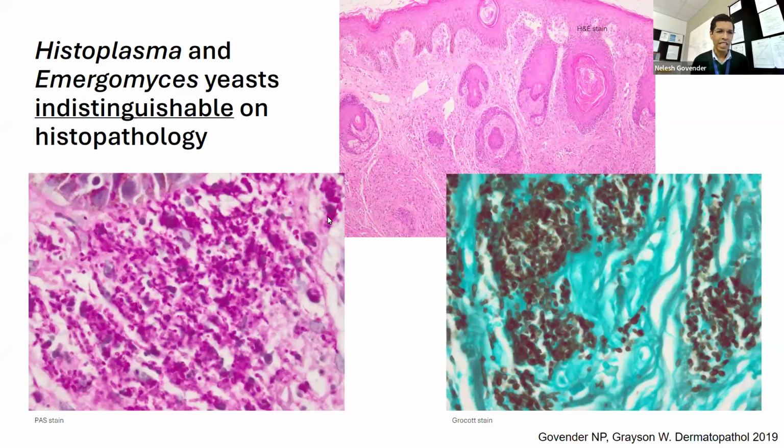The bottom left is the periodic acid Schiff stain, and here the budding yeast appear as this bright magenta pink. It stains the carbohydrate in the cell wall of these fungi, and then you've got the Grocott or the methenamine silver stain at the bottom right, and here the fungal elements are stained up as the blackish brown color.